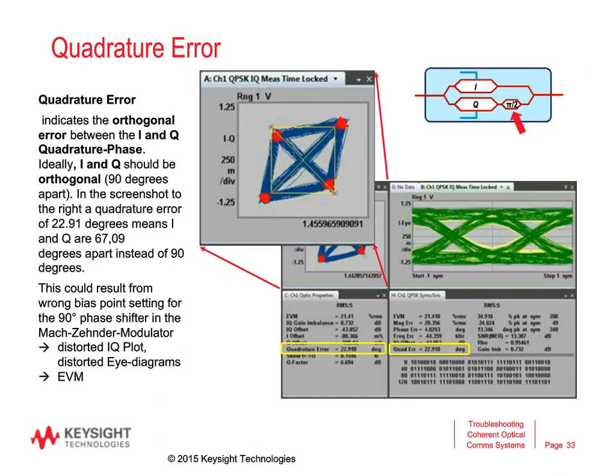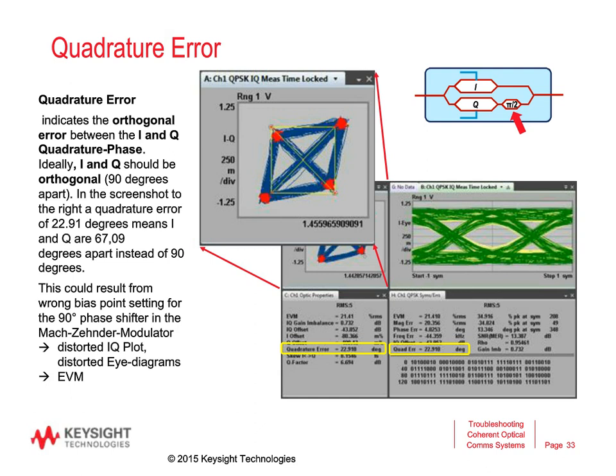The next measurement is the quadrature error. That typically shows up as a distorted constellation, as we can see here on this picture. Again, we see the squared reference in contrast to the slightly distorted constellation points here. It indicates the orthogonal error between the I and Q quadrature phase.